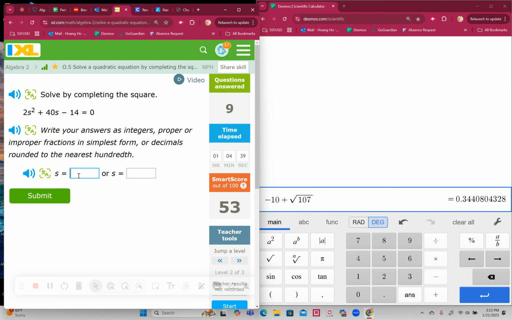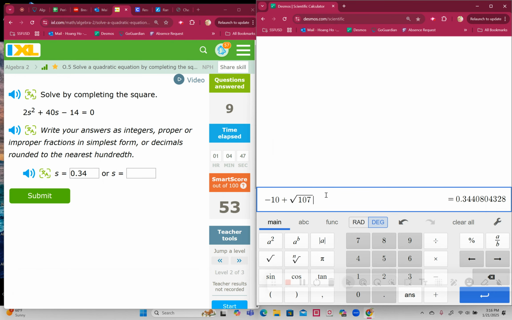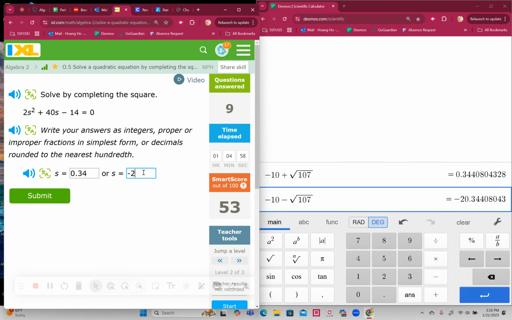Okay. So I come out at 0.34. And then the second one, I copy, Control C, and then I change the plus sign to the negative sign really fast. I come out negative 20.34. That's it. Submit. I should be correct.